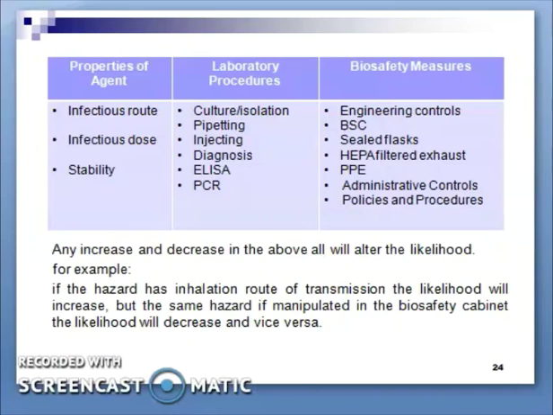If you look at this table, properties of the agent include mainly the infectious route, infectious dose, and stability of the agent. Similarly, what kind of procedures are we doing in the lab? For example, culturing or isolation, pipetting, injecting, diagnosis, serology, ELISA, or confirmation by PCR. On the other hand, what kind of measures do we have in the laboratory?